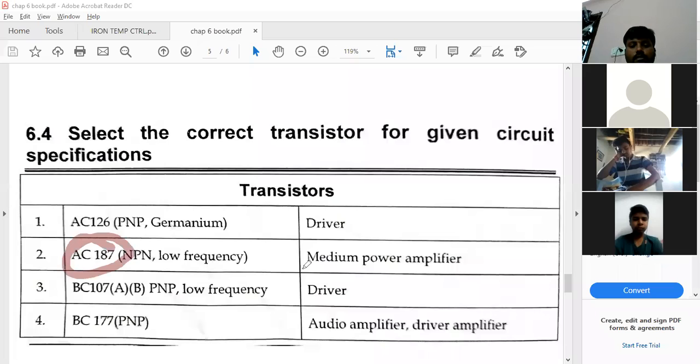And for low frequency driver amplification, BC107, BC107A, BC107B, low frequency transistors. So these are the transistors which you have used in your laboratory to get the transistor characteristics. BC107, 547, all these transistors you have used in your lab. Did you remember that?